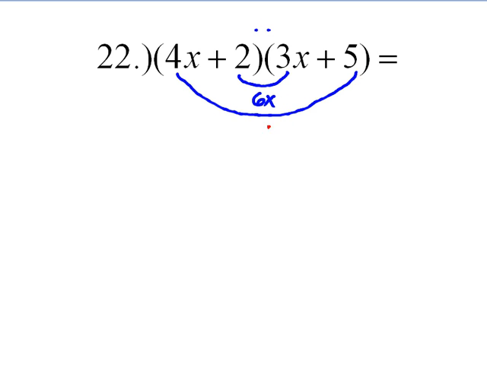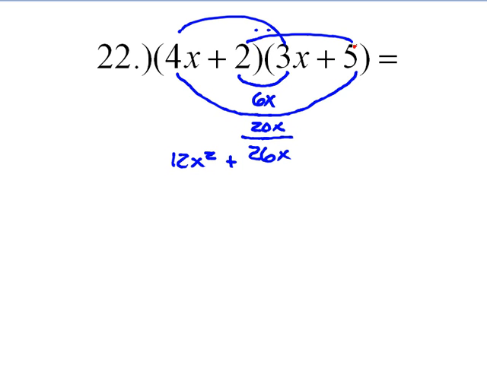Here's my second smiley face. 5 times 4 is 20x. I add them to get my middle term, 26x. Take my first terms, 12x squared, and my last terms, 2 times 5 is 10. And there's my answer.